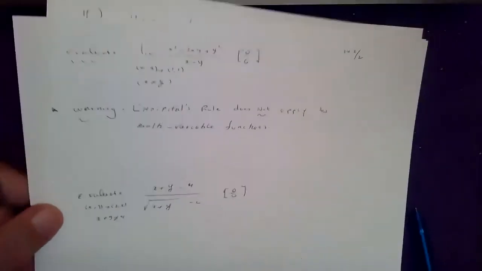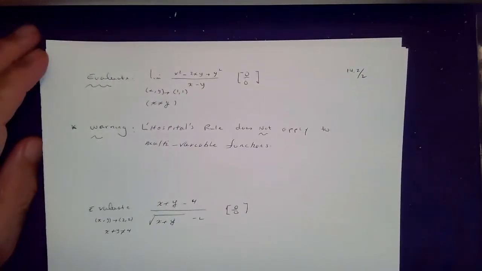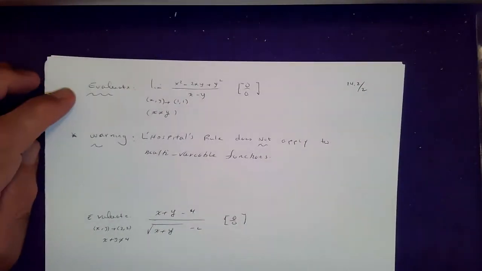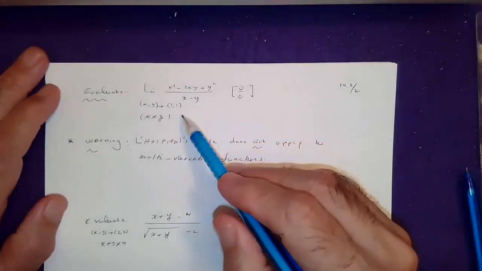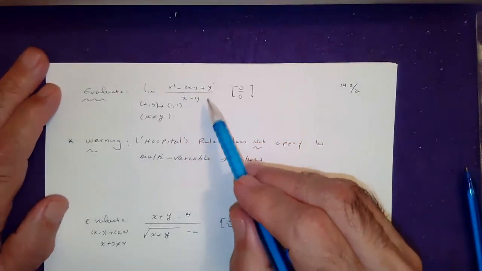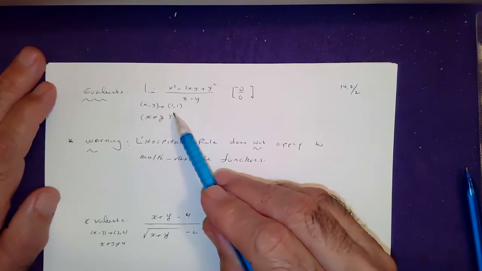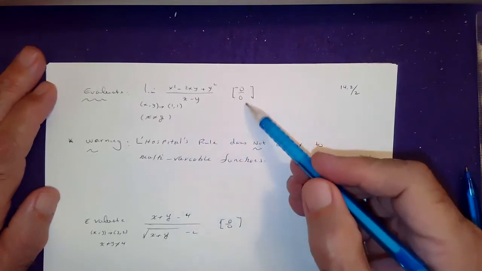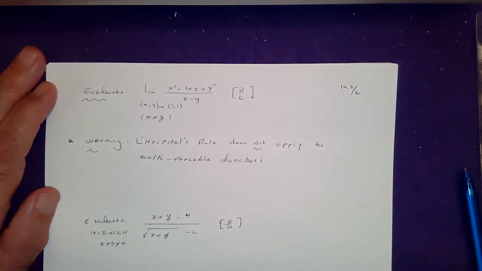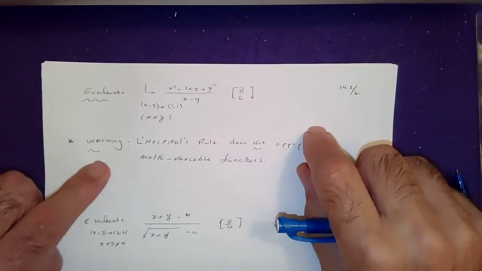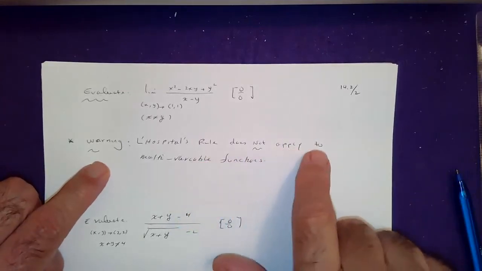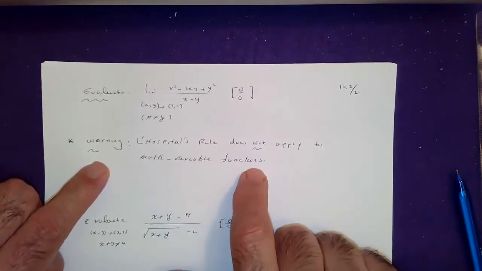Then we have still evaluation, but the problem is when you replace x's and y's with the values which x comma y gets close to, you get 0 over 0, which is undefined. This is an indeterminate form. Warning, L'Hopital's rule does not apply to multivariable functions.